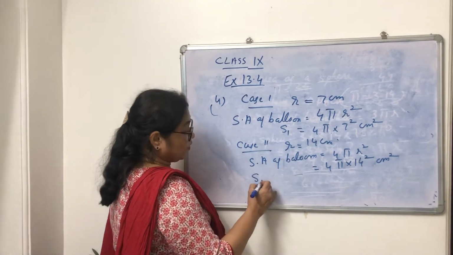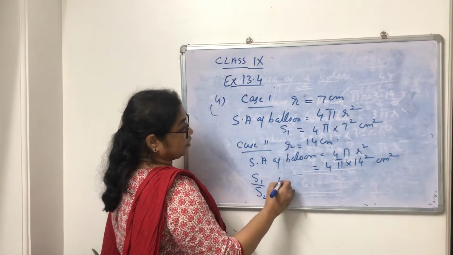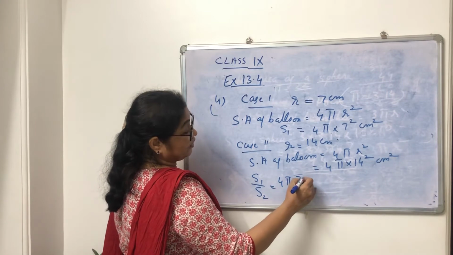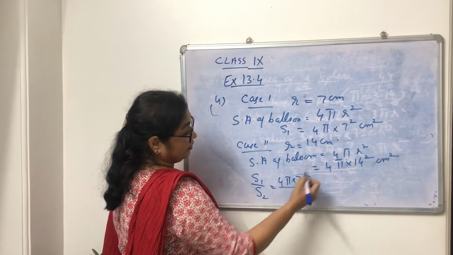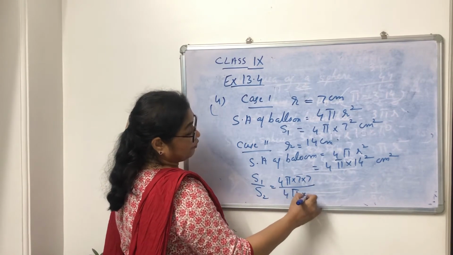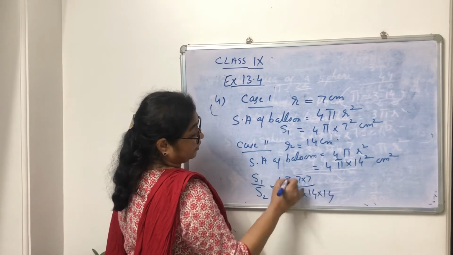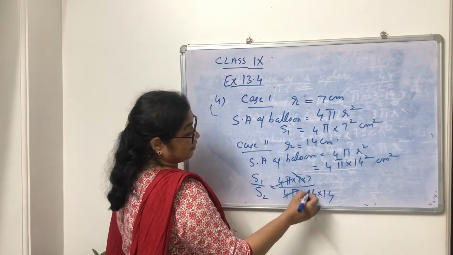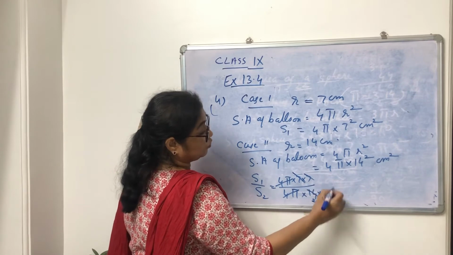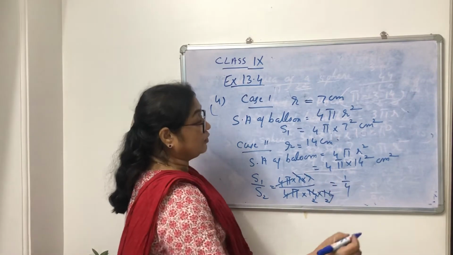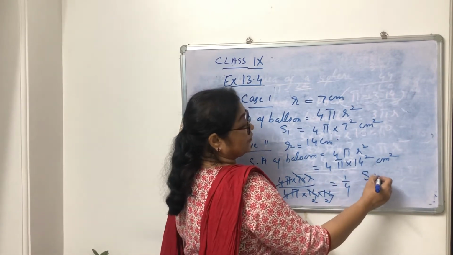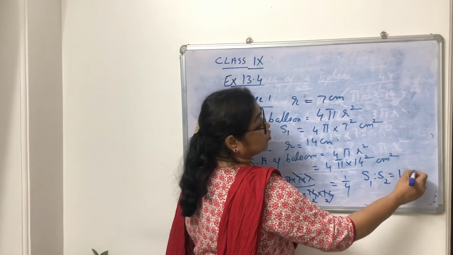So S1 by S2 is 4 pi into 7 by 4 into pi into 14 into 14. This will be cancelled, 7 2, 7 2. So it is 1 by 4. Then the ratio of the surface area is 1:4.